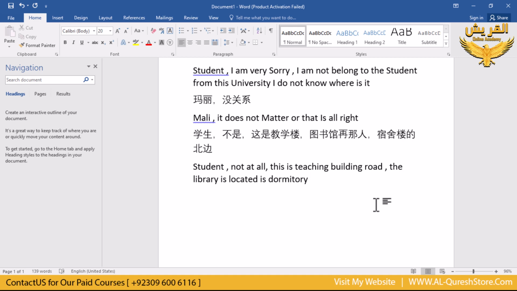The library is located at, located at dormitory.